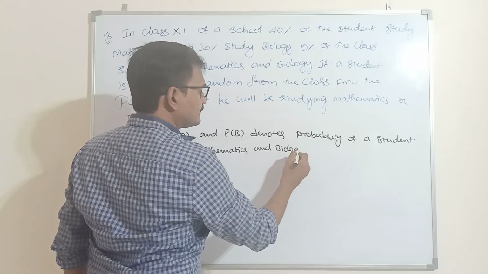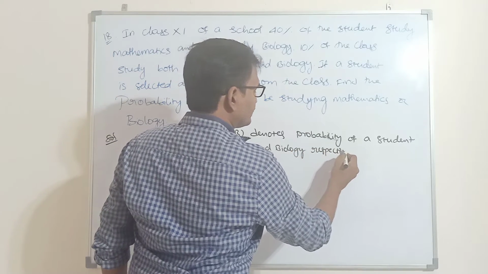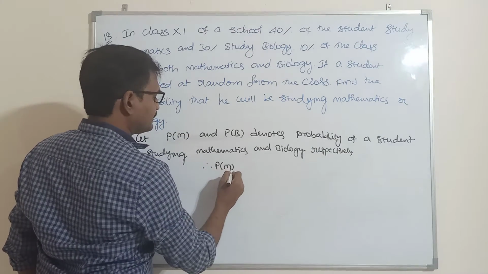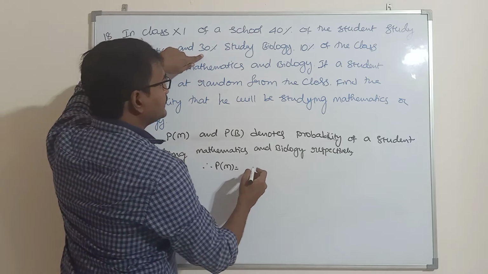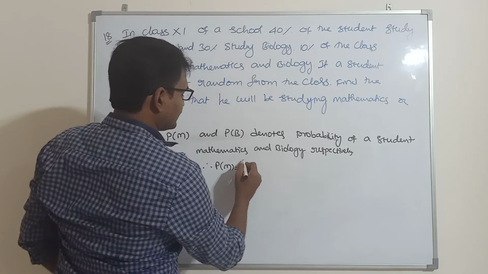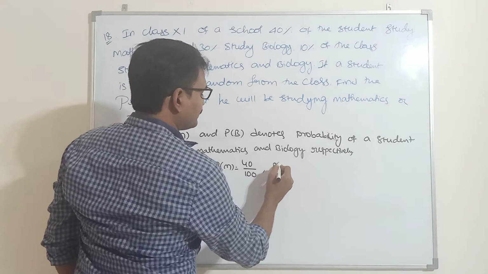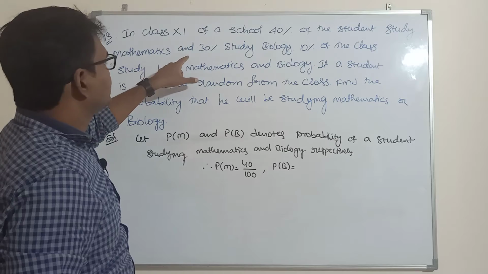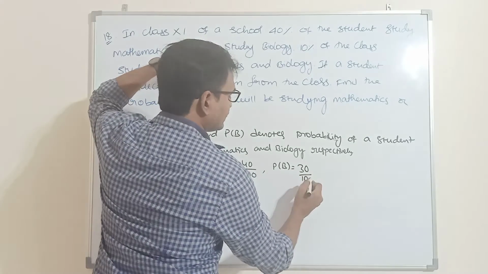Therefore, P of M, the probability of studying mathematics, is how much? 40%. 40% means 40 by 100. Next, probability of studying biology is how much? Biology is 30%, 30 by 100.